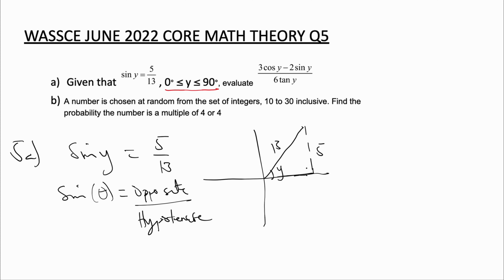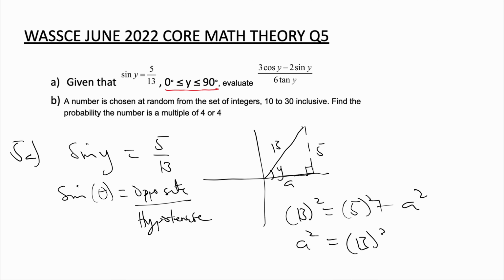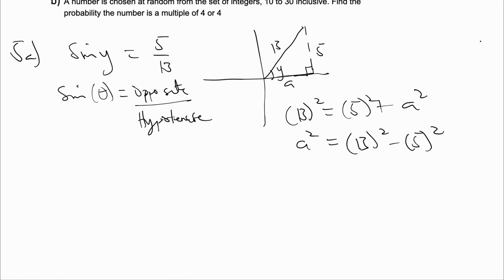We have a right angle triangle, and from Pythagoras' theorem, say here is A, we can say that 13 squared is equal to 5 squared plus A squared. So A squared will be equal to 13 squared minus 5 squared, so our A will be equal to the square root of 13 squared minus 5 squared.